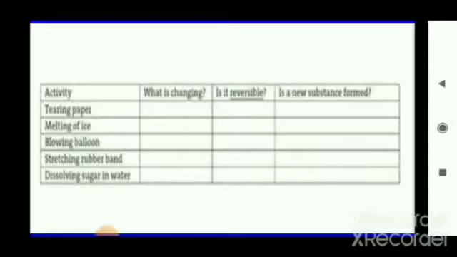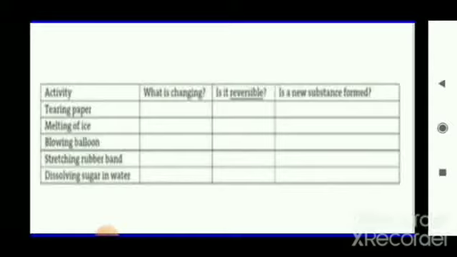Okay. Now tell me, do you know what is reversible? What is the meaning of the word reversible? Do you know? Reversible is that which can return to its original state or situation. Like before, we had taken the example of rubber band.